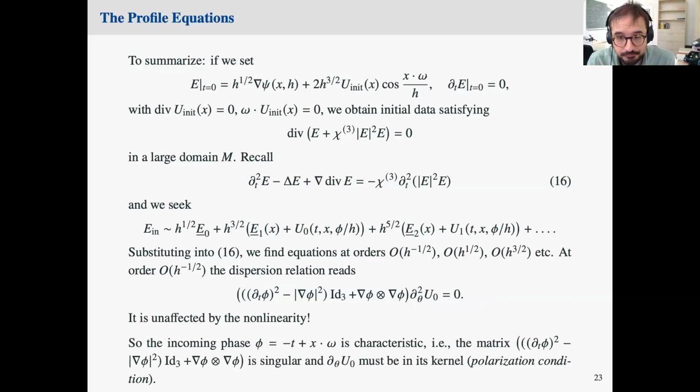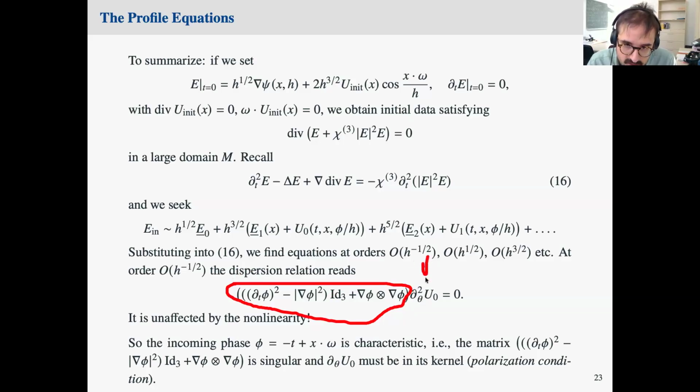But then what you want is to make sure that this matrix over here is not invertible. So you want this matrix to have a kernel, so that your principal amplitude can be there, right? You're in trouble if this matrix is invertible, because then you cannot find a leading order amplitude. So you want a phi that will make this matrix singular.